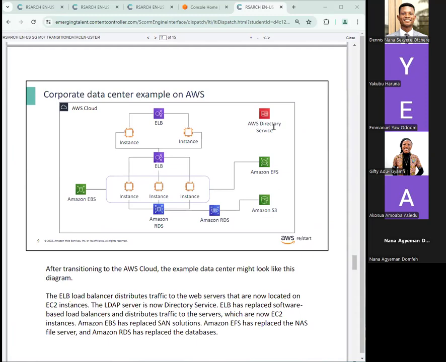So if a user or an employee from your company is trying to access any resource inside of your AWS account, it's the Active Directory service that would authenticate and authorize them, because you've integrated it with IAM. So I don't know, they work hand in hand.